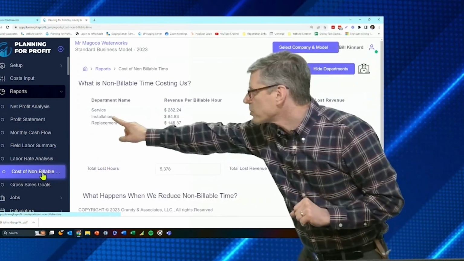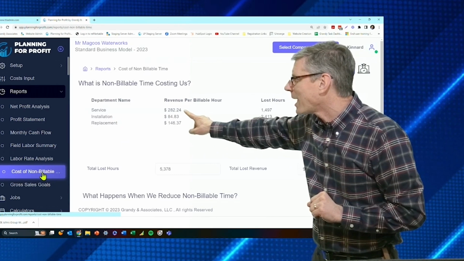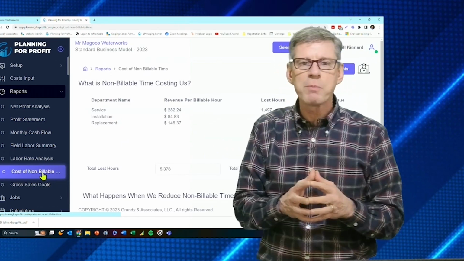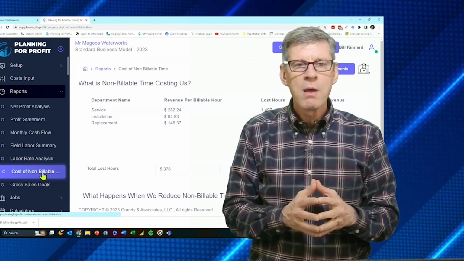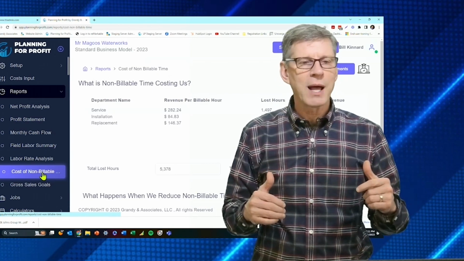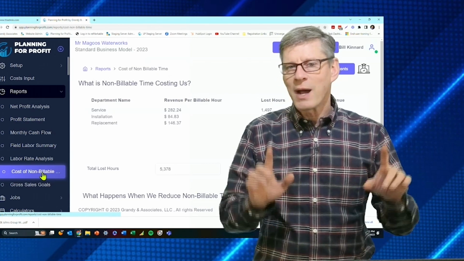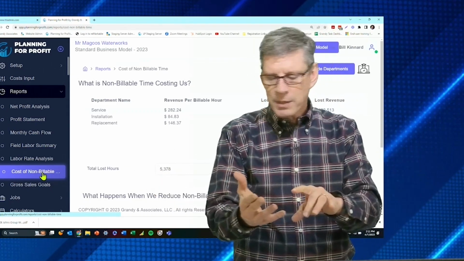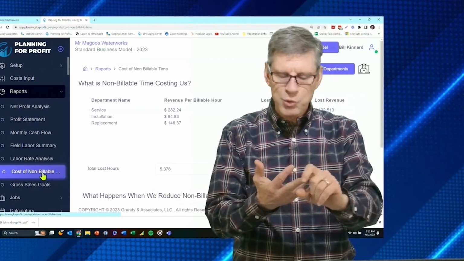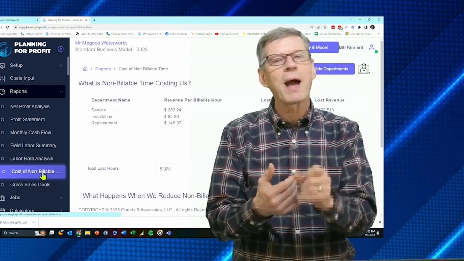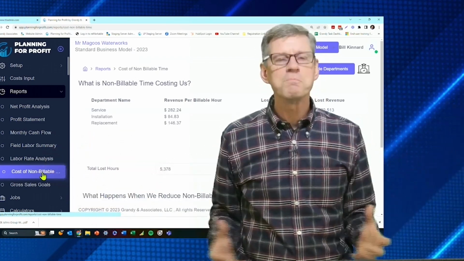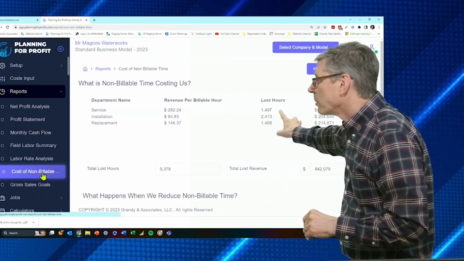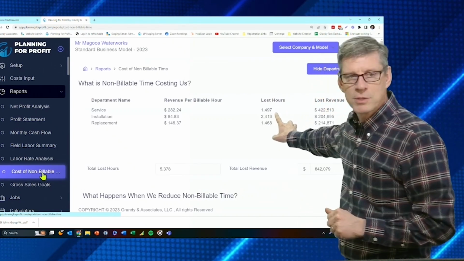So I can see in my service department, our revenue per billable hour is $282.24. So for every single hour that we're billing out throughout the course of the year, we're bringing in $282.24. Now, when we look at those lost hours, that time that the guys were involved in company meetings, running to the supply house, windshield time between jobs, callbacks, warranty work, all that other stuff that we couldn't bill for, in our service department we had a grand total of 1,497 hours.